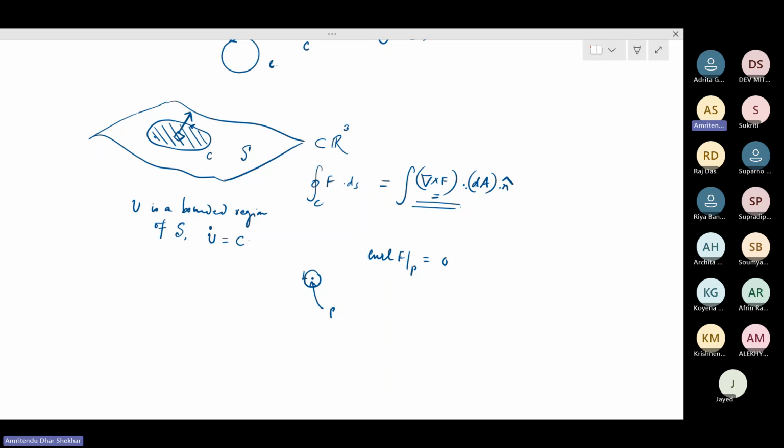So you have these quantities which measure how much a vector field is in some sense curling around itself. If it's not curling around itself, then for a tiny loop it's going to be equal to 0.